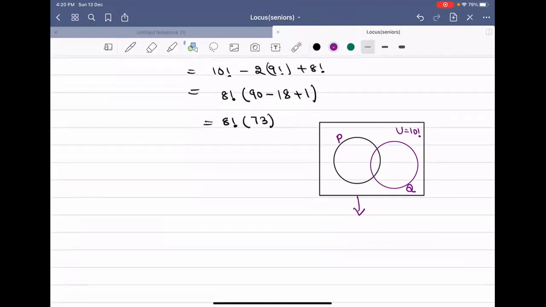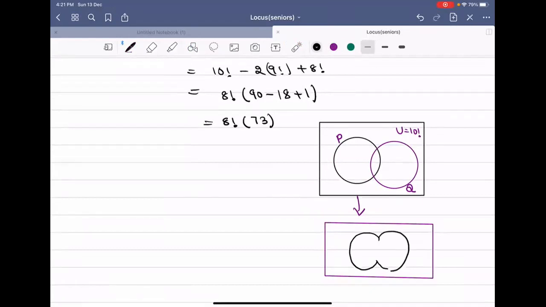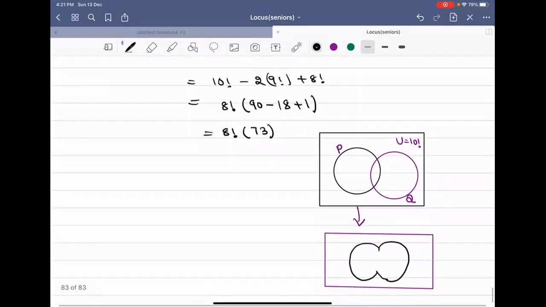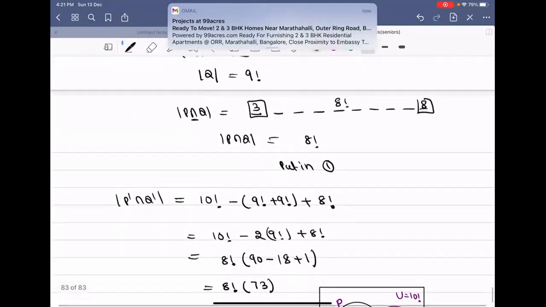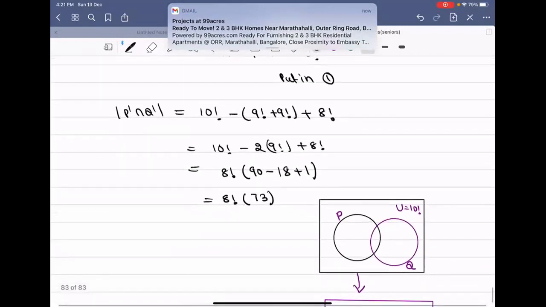So again, if you draw the new diagram, so suppose, what we need is, a rough diagram I will try. So what is this one? Inside this one is what? P union Q. What did we get for this? P union Q is equal to what we got here.